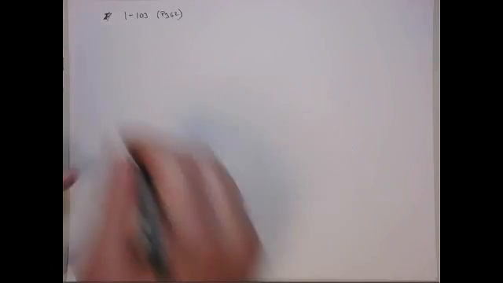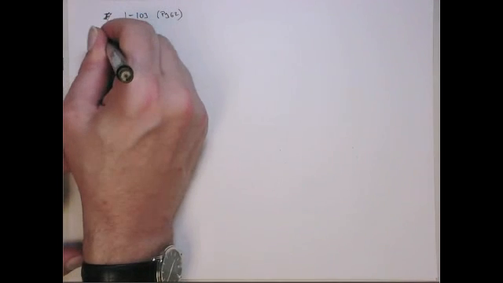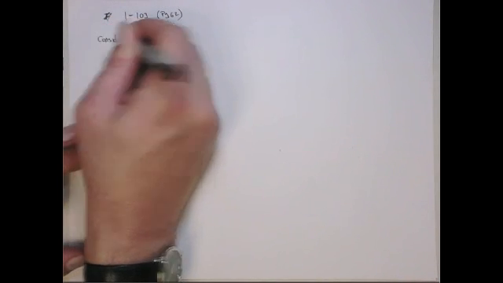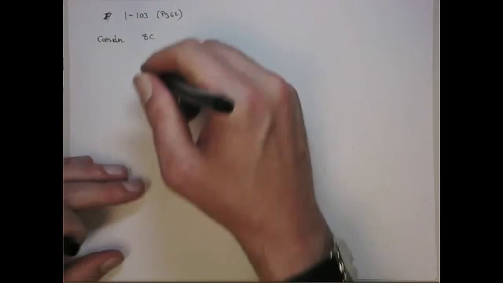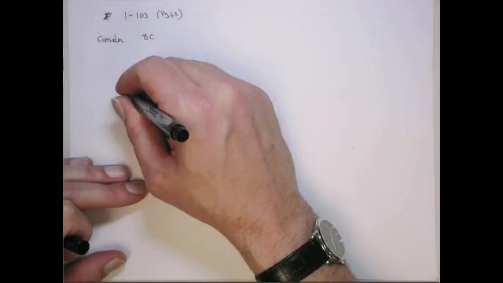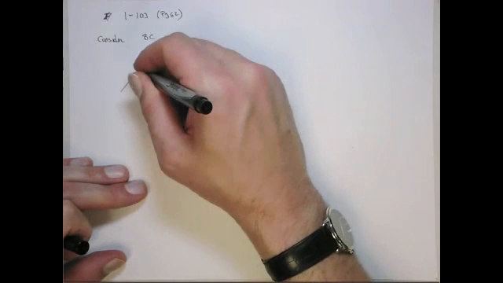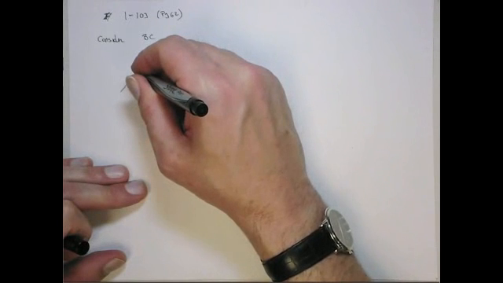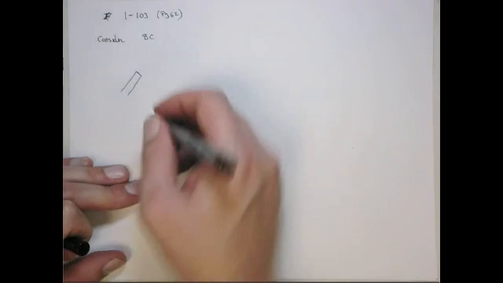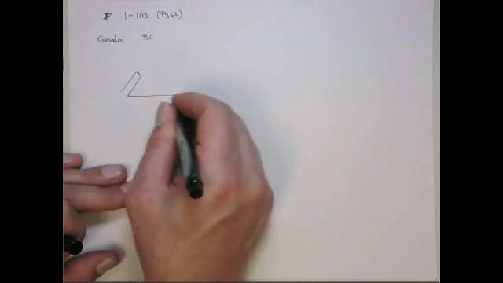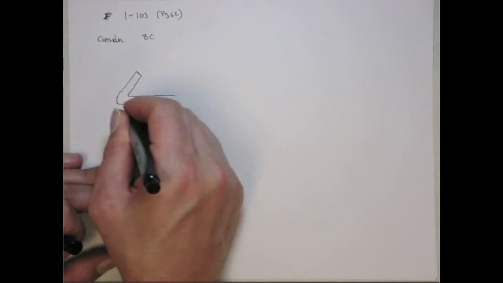All right? Okay, so first let's consider element BC. It really doesn't matter what free body diagram I look at. Well, actually it probably does, because one of them has more information than the other.